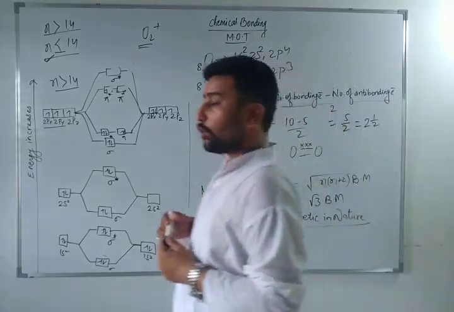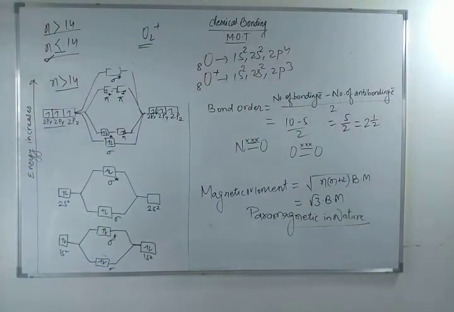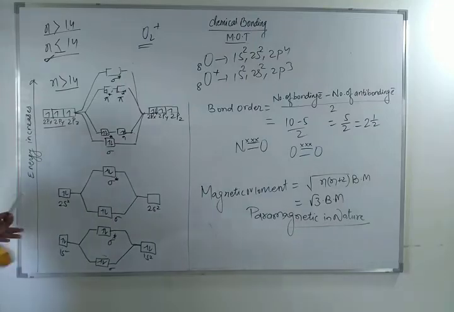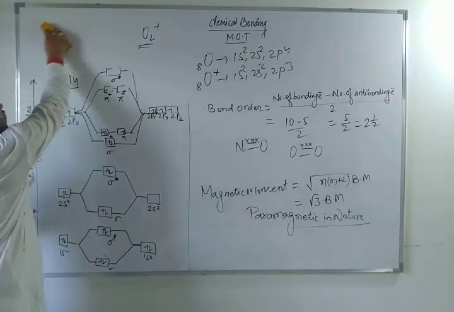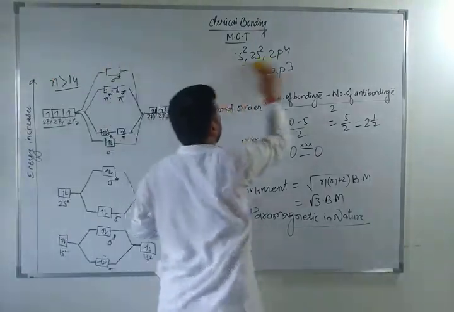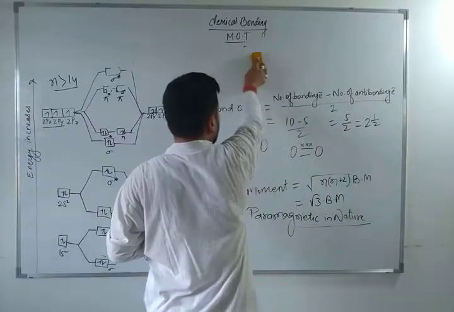Next, after clearing these doubts, the whole molecular orbital theory is done, for any atom. I am giving you some species for which you have to calculate.